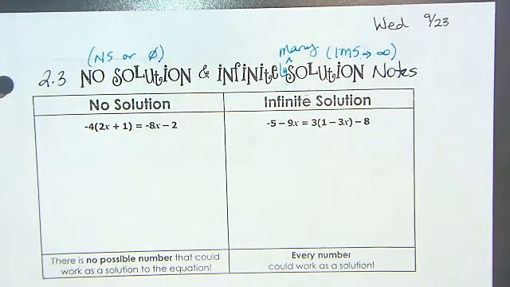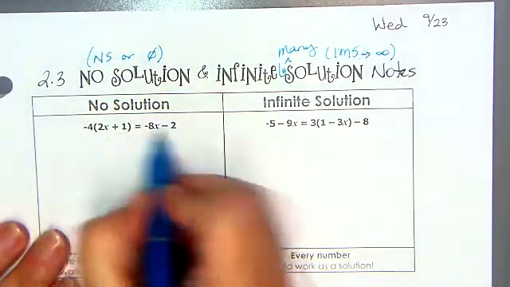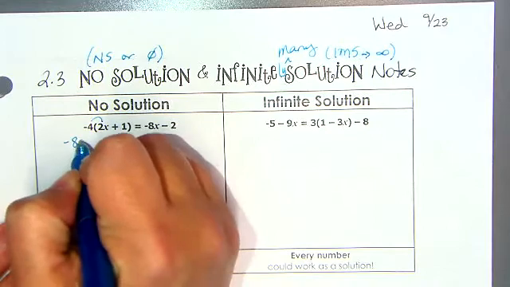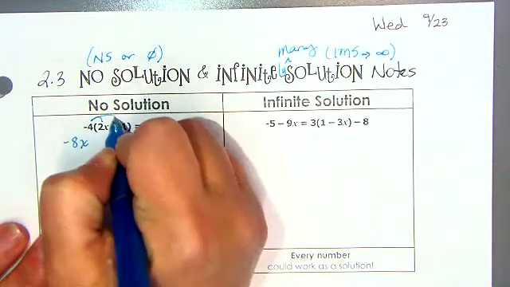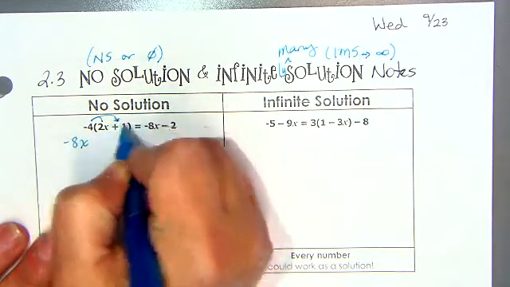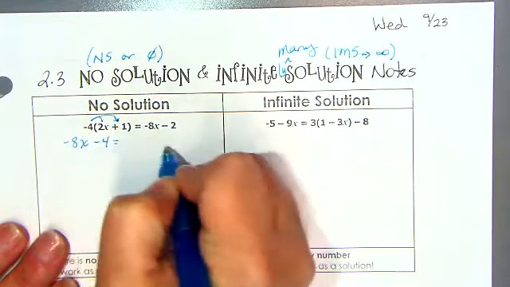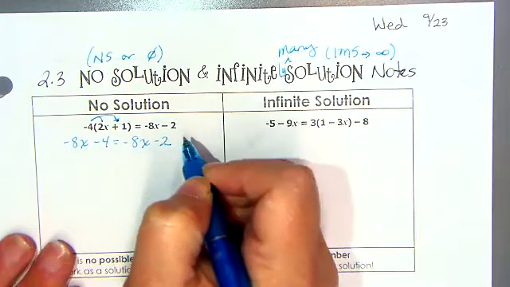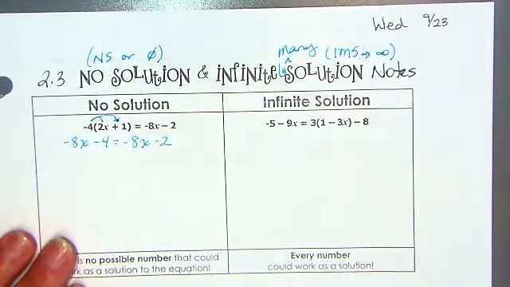All right, so here we go. Let's see what that means. I've got to distribute. So I have negative 8x, negative 4 times 1. That's going to give me negative 4 equals negative 8x minus 2. And I continue to solve.